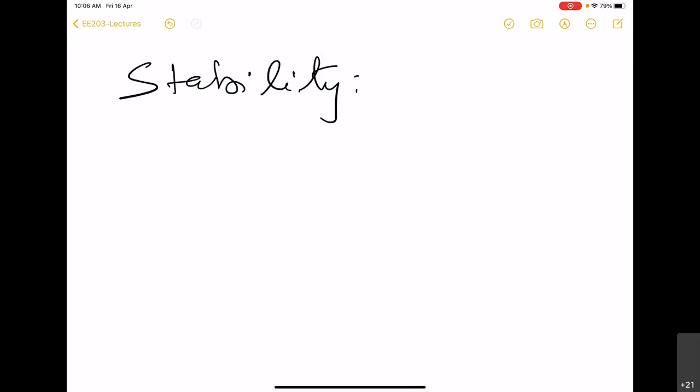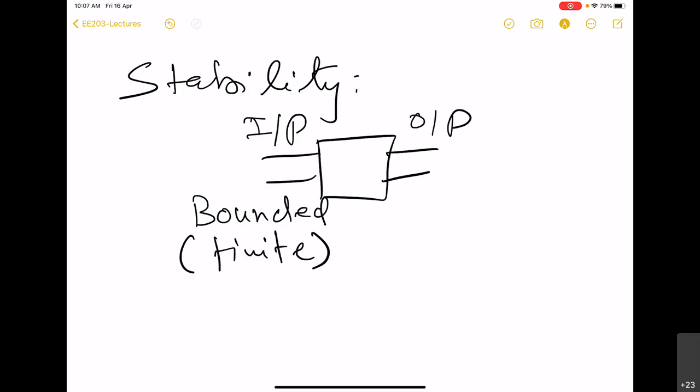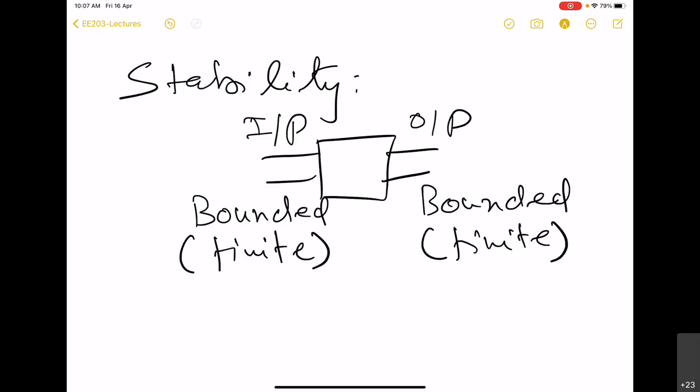Actually there is no rigorous and universally accepted definition, but the qualitative and widely accepted meaning of stability is that if you have a network and you give a finite, or bounded, input, and it results in a bounded, that means finite, output, then we say that this circuit is stable.